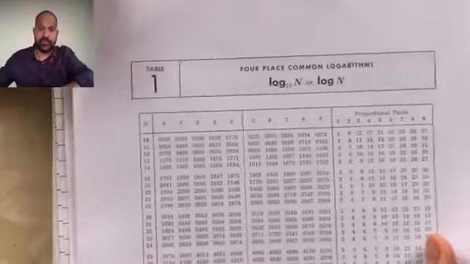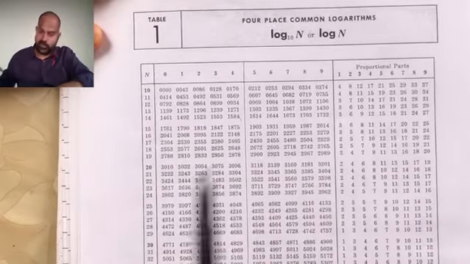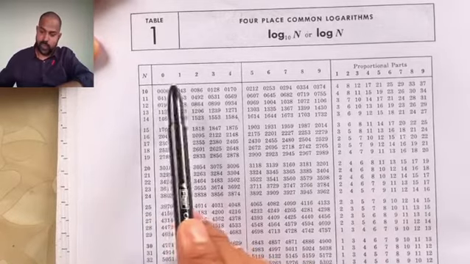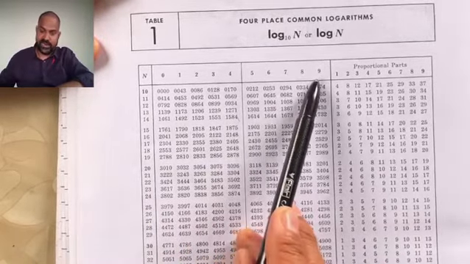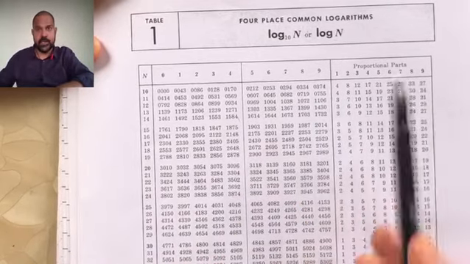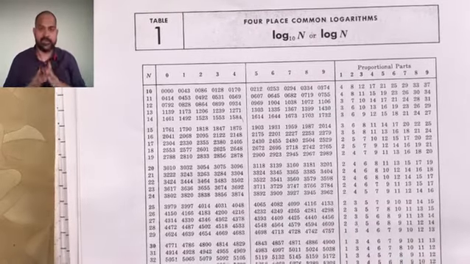Now, that has a further bifurcation. What is the further bifurcation? Well, there are horizontal numbers, which are 0, 1, 2, 3, 4, 5, 6, 7, 8, 9. And then there is something called proportional parts, which again has 1 to 9. This is what the table has.